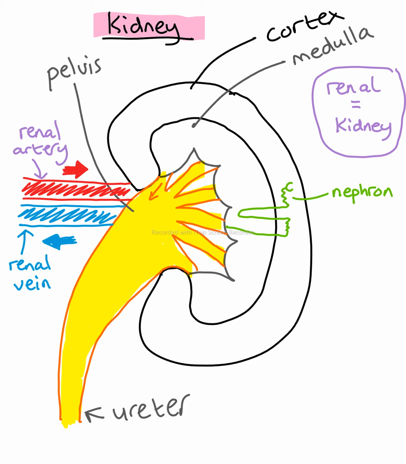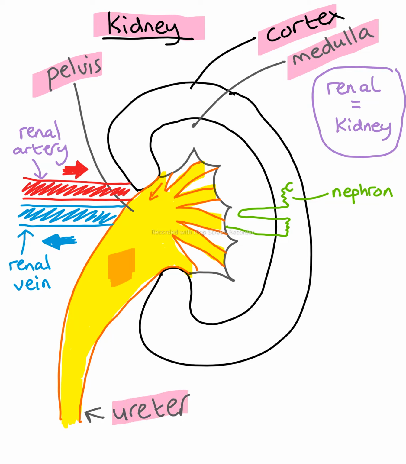We're looking at the structure of the kidney. You have the cortex, which is the outside, the medulla, which is the middle. This bit here is called the pelvis. The waste comes out of there down a tube, and that tube is called a ureter.